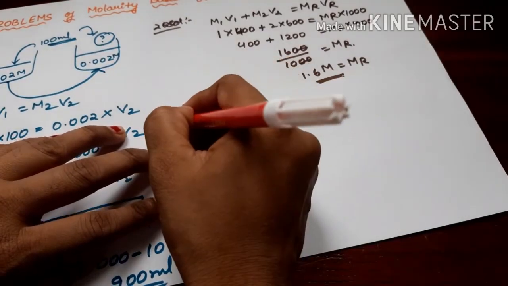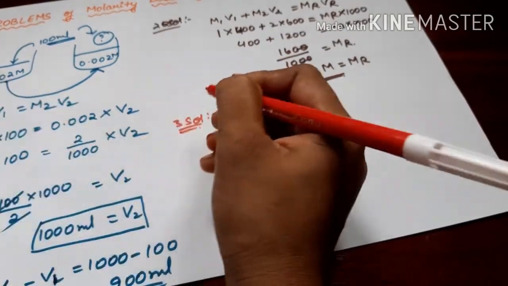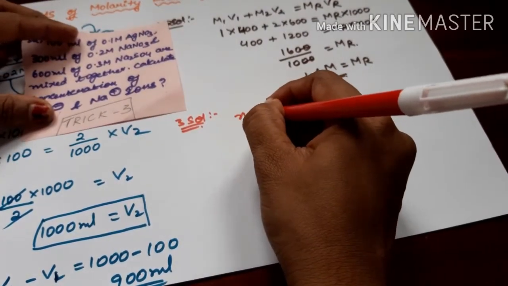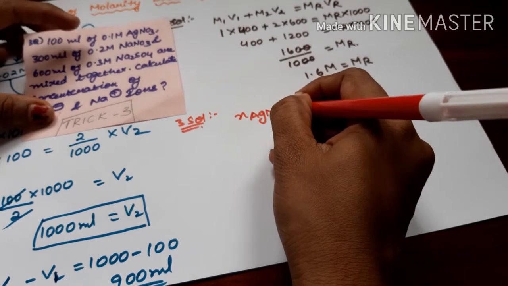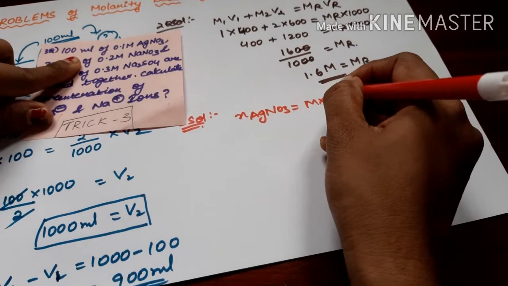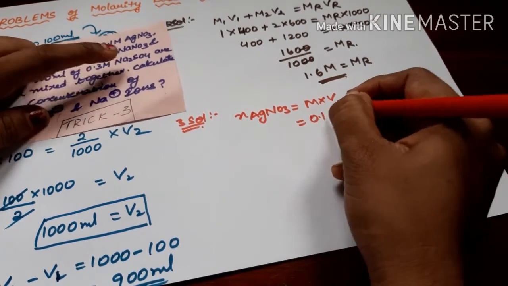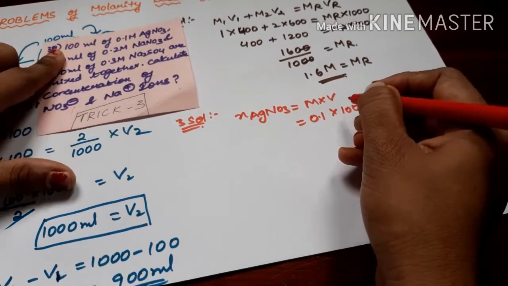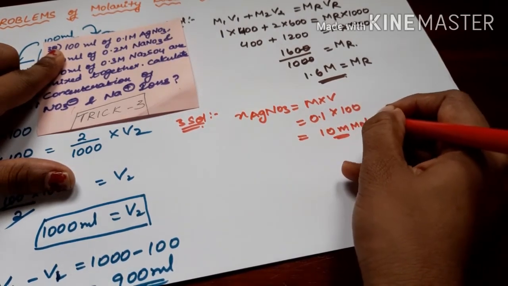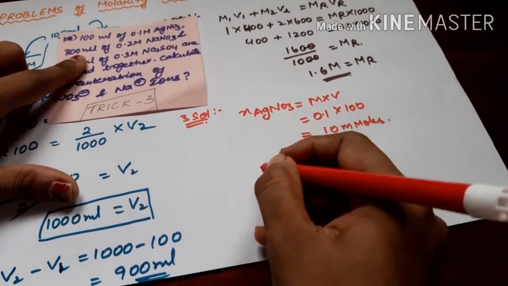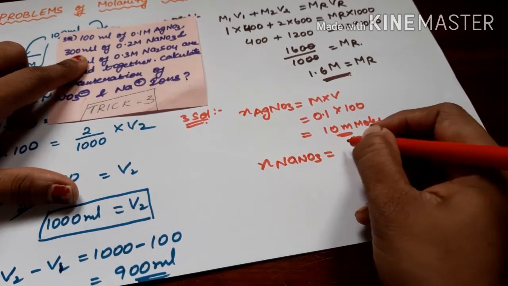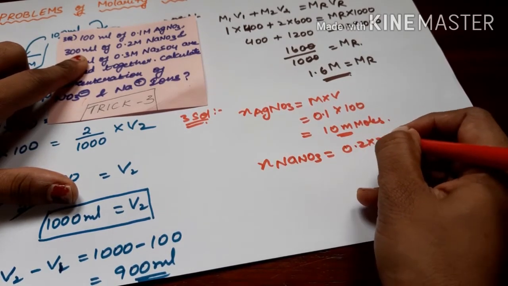Here, we know that number of moles is equal to M into V. Number of moles of AgNO3 is 0.1 molar into 100 ml. We get 10 millimoles. Similarly, moles of NaNO3 is 0.2 into 300 ml.